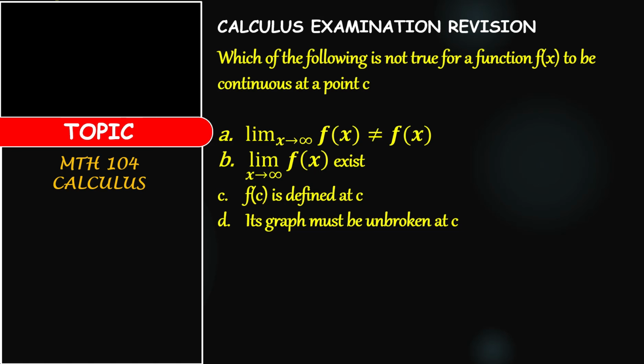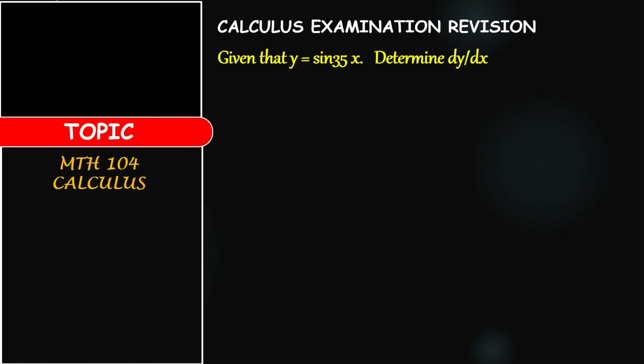Now, another thing is that f of c must exist. F of c is defined at the point c. Its graph must be unbroken at the point c. So this one is correct, this is correct, this is correct. The only one that is not correct is option A. So when you see this question in the exam, you should go with what? Option A.